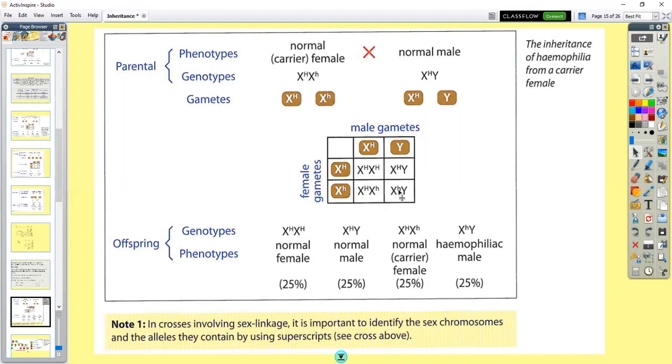And X small h Y would be a male who suffers from hemophilia. With males, they only have two chances of not having hemophilia or having hemophilia, so there's a 50-50 chance. Whereas for females, they would have a 1 in 3 chance.